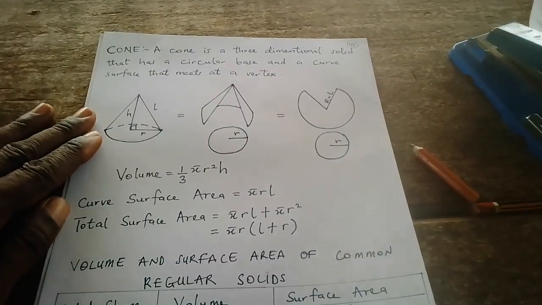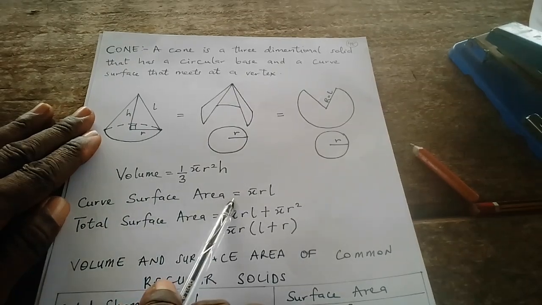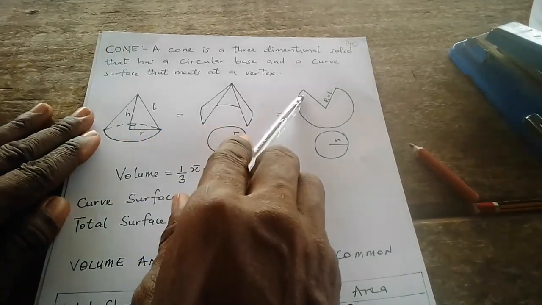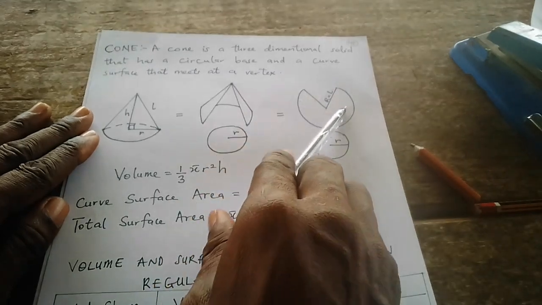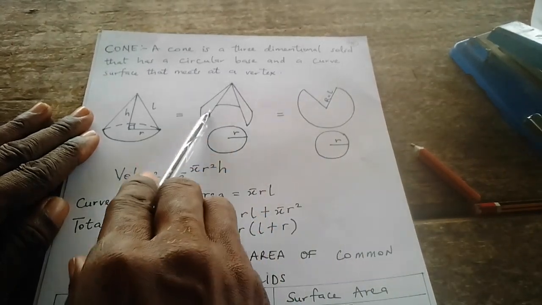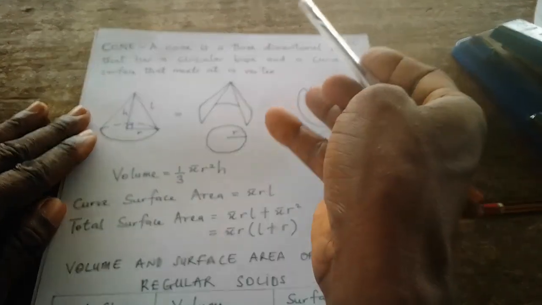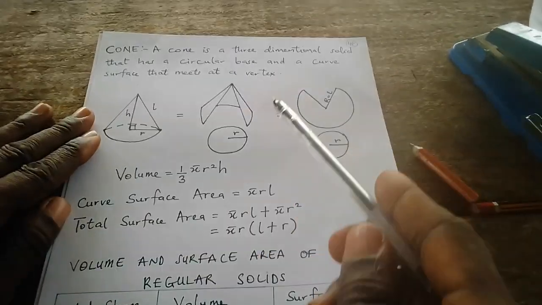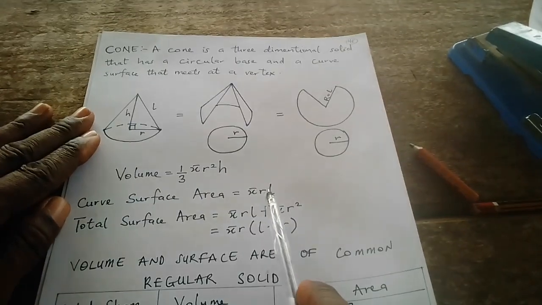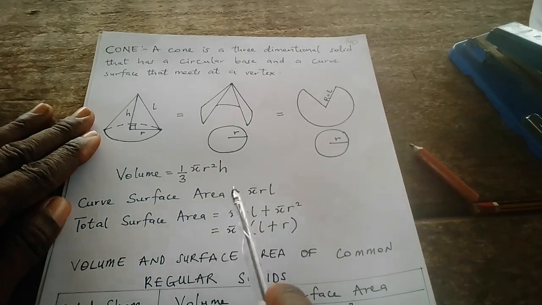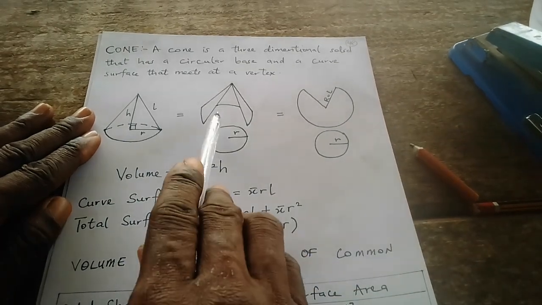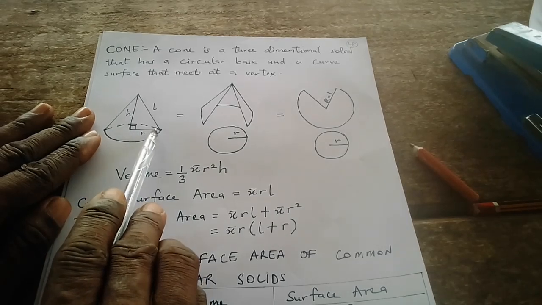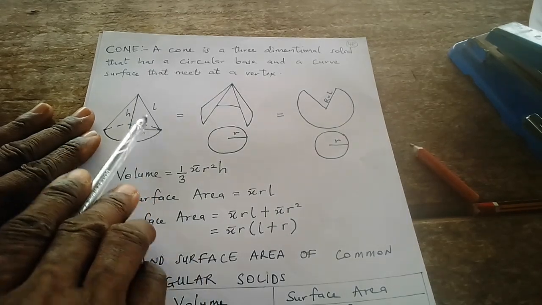If you want to look for the curved surface area of a cone, the curved surface area is the part of the sector that is used to form the cone. So this part that is external here, that is used to form the cone, is what we know as the curved surface. So the curved surface area will now be pi rl. So the radius at the bottom, you multiply by the slant height.